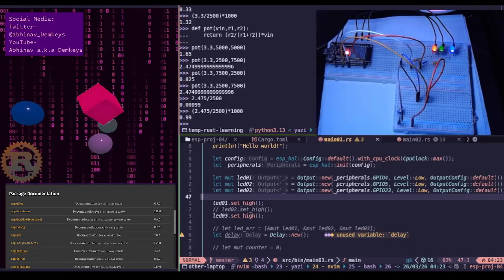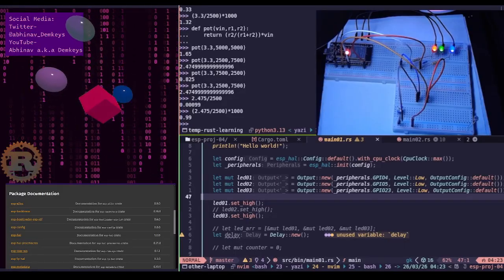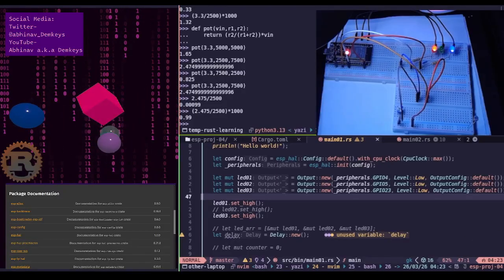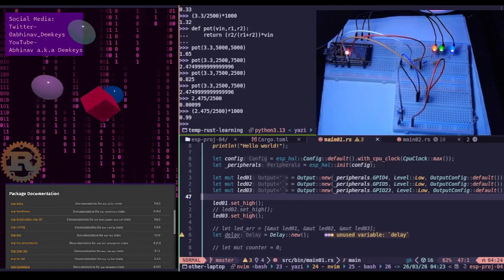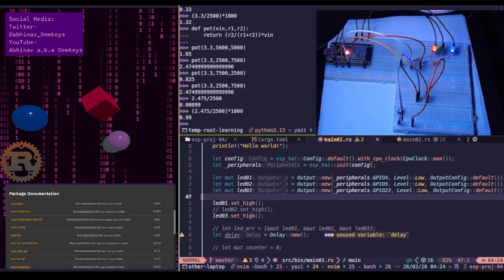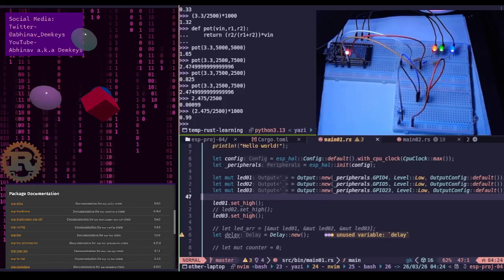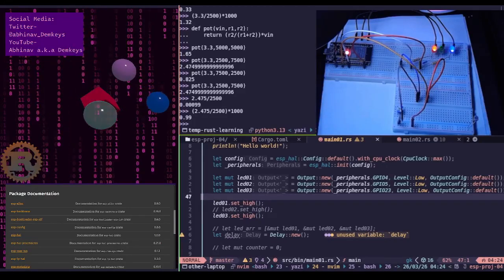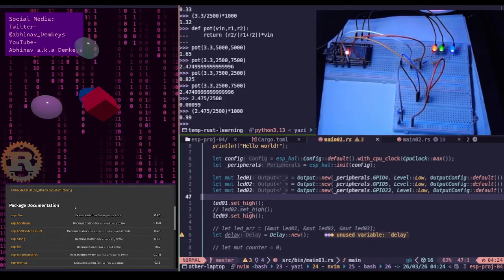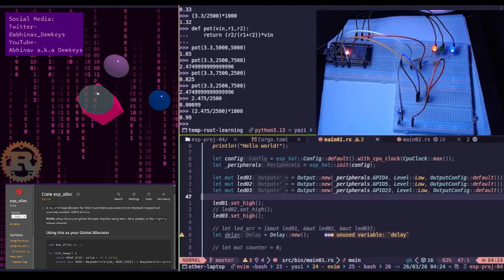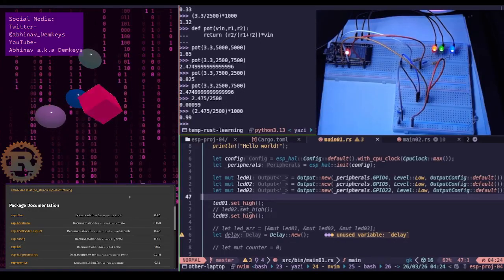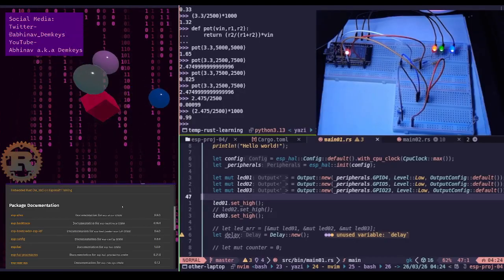Oh yeah, attenuation. I was looking that up. Do I need to do any attenuation for this? Maybe. I actually don't even know which crate I would be looking for.